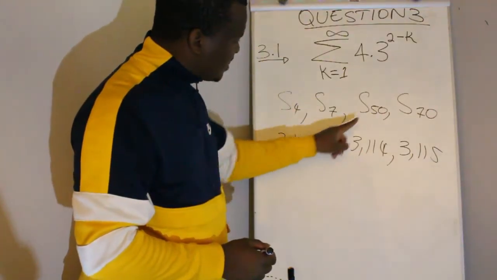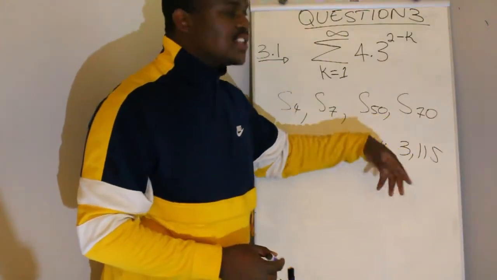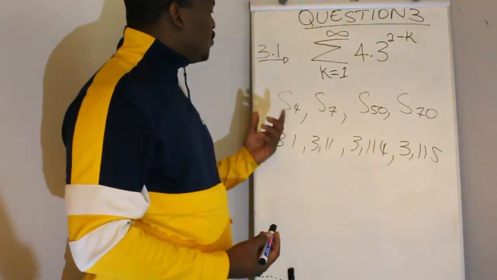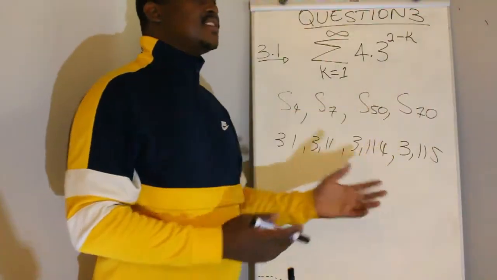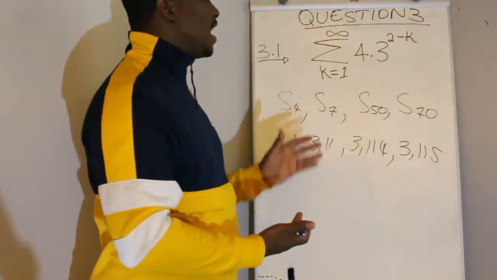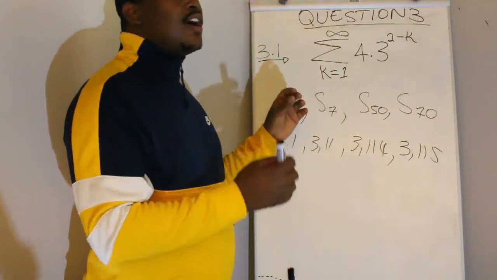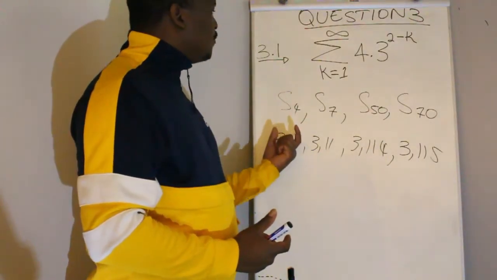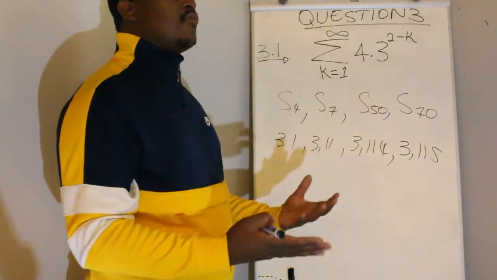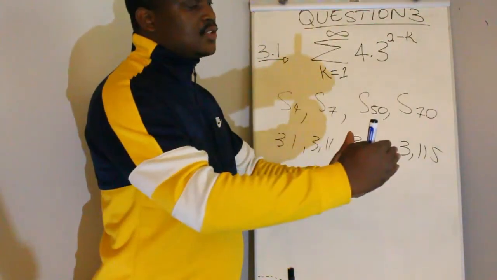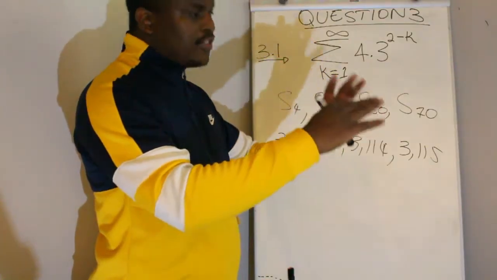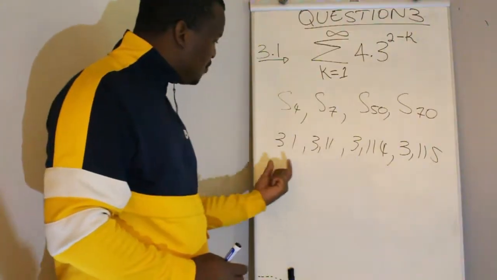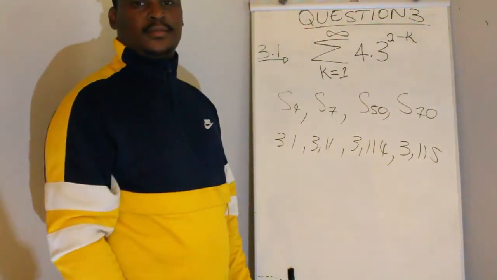This is the sum of 7, sum of 50, sum of 70, sum of whatever number you think of. So if, when you take the sum of these terms, whatever number of terms are in this series, the value that you get is always similar, then you say that the series is convergent, because as you are adding the terms of the series, those terms are adding up to a specific value, and that value in this case is around 3.1.